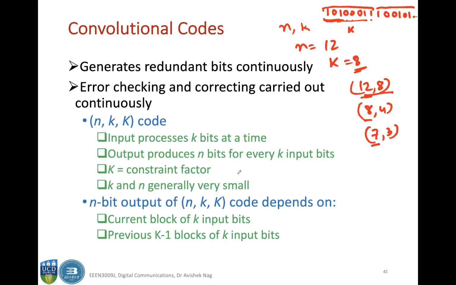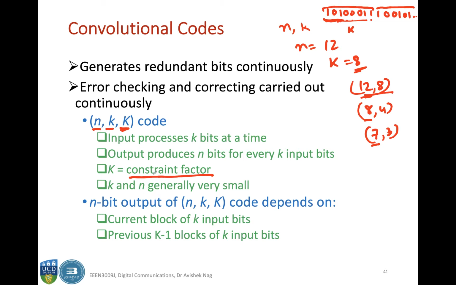Usually these convolutional codes, other than the usual n and k, have another parameter, capital K, which is basically a constraint factor. I will get back to the discussion of capital K in the next slide.